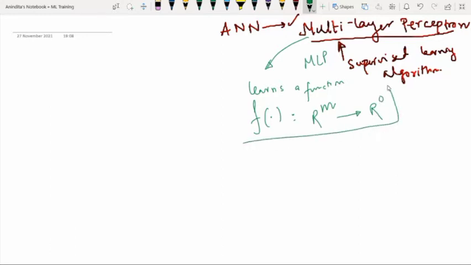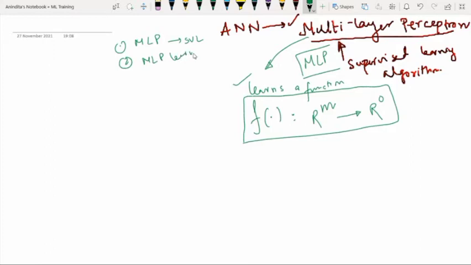Now try to decode this. What is this MLP actually doing? First, learning a function is the objective of this supervised learning, MLP. So the first point is clear, I think: MLP is supervised learning. The second point is the purpose: MLP will learn a function, the f function, and this f function is performing some kind of mapping.